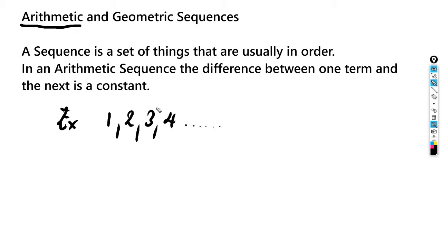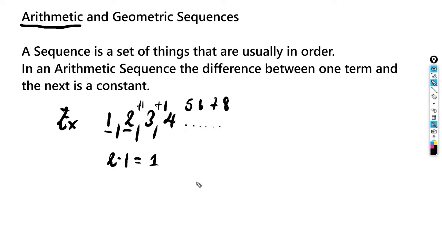And in an arithmetic sequence, the difference between one term and the next is a constant, okay? So obviously the next terms in this sequence would be 5, 6, 7, and 8. And if you subtract one term from the next, which would be 2 minus 1, that would give you 1, okay? And that 1 is a constant. Obviously, it's increasing by 1.